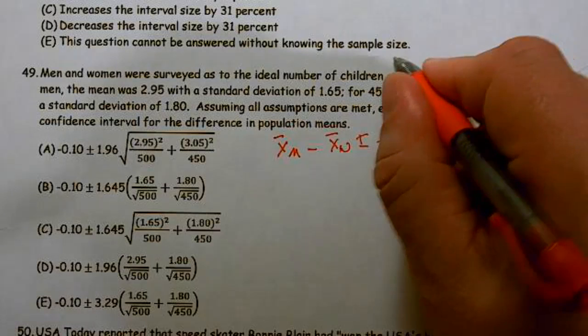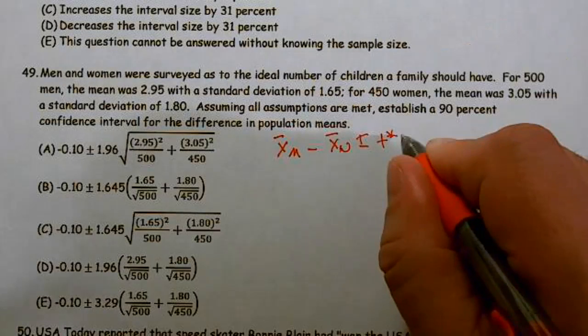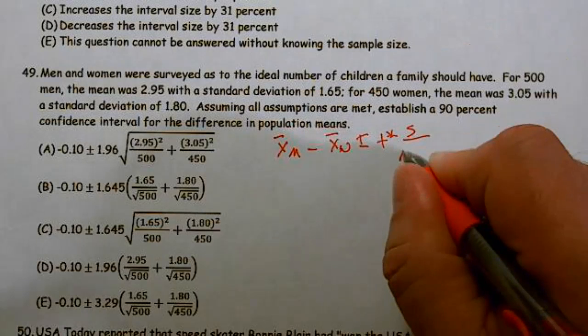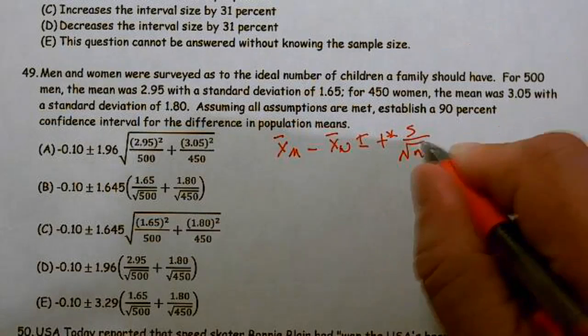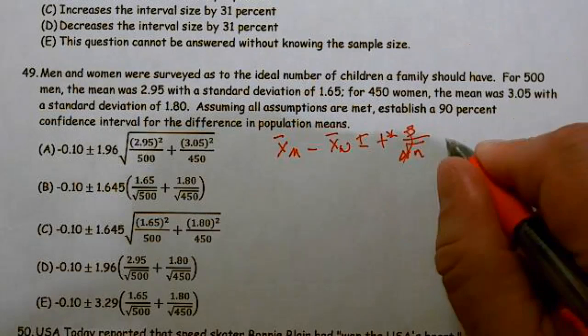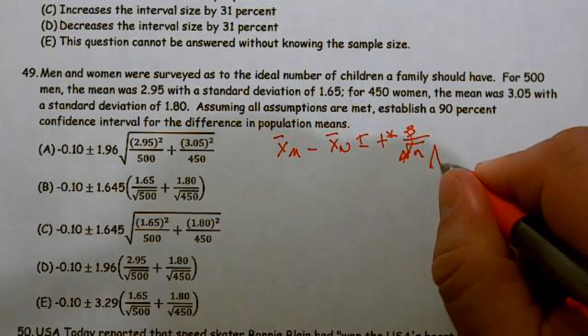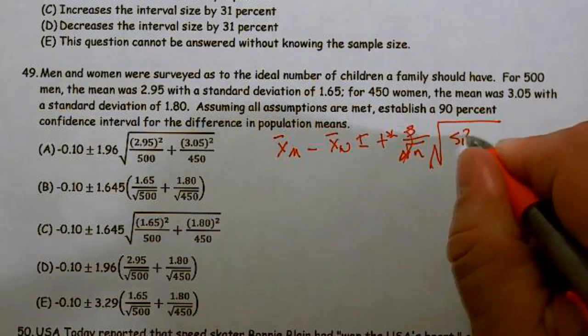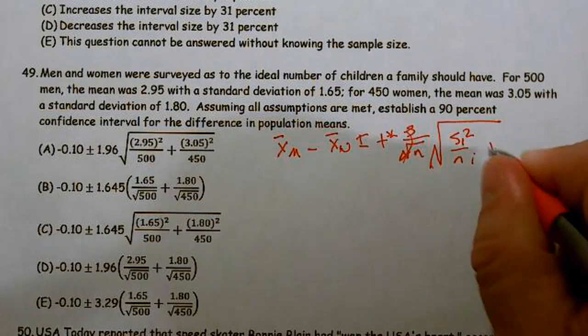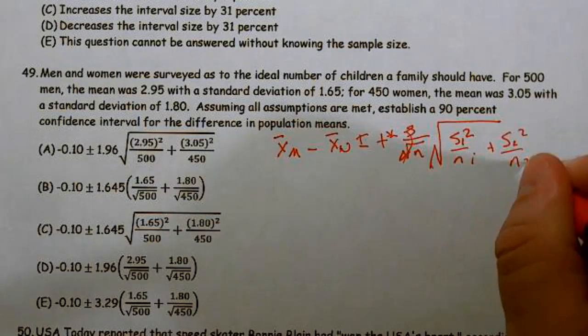And I guess I should have written the formula down. S over the square root of N, S1 squared over N1 plus S2 squared over N2.